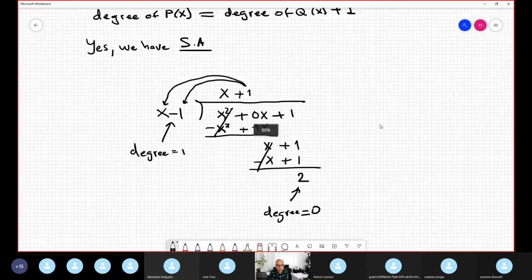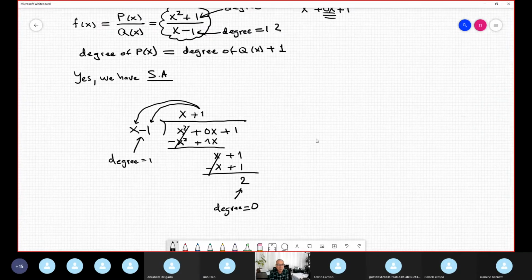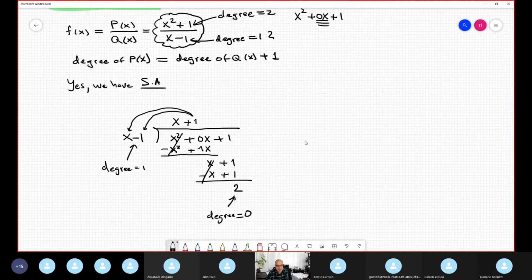Stop the long division. Now we can represent the original problem, x squared plus 1 divided by x minus 1, like a quotient, which is x plus 1, plus the remainder, 2 in our example, divided by x minus 1.